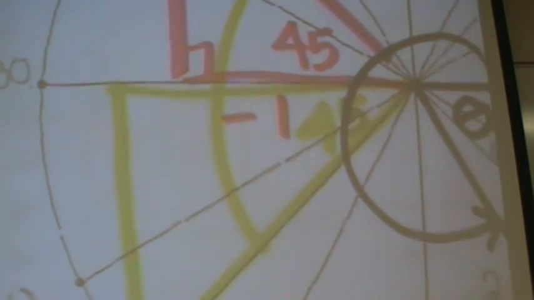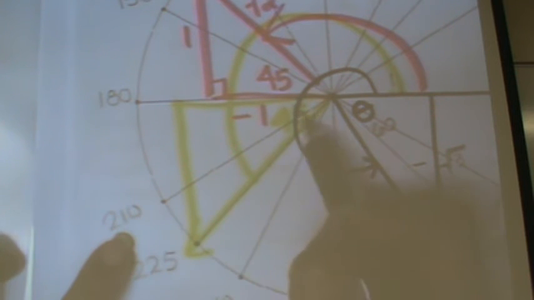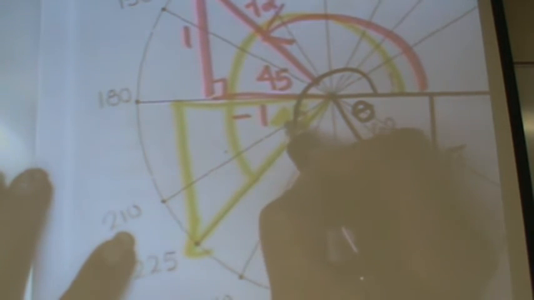What angle is 210? What angle am I talking about when I say 210? What angle is it from here to here? 30, good, this is a 30 right here. So when I do this one, I'm in quadrant what? Where's 210? It's in quadrant 3.